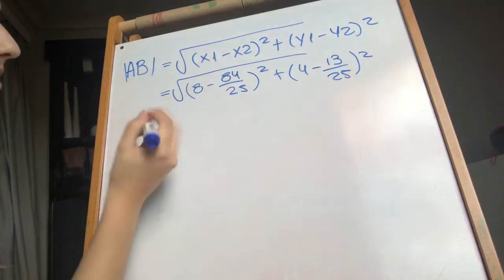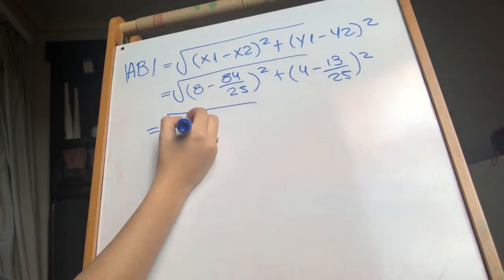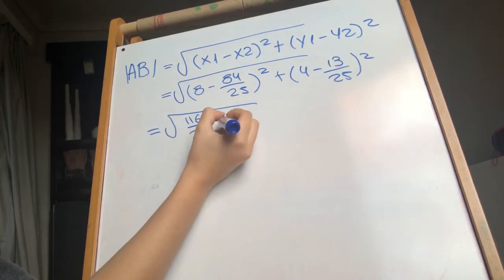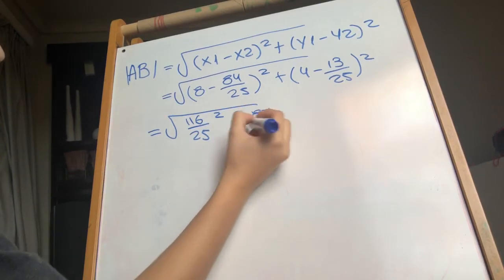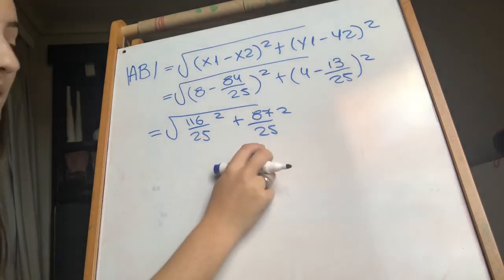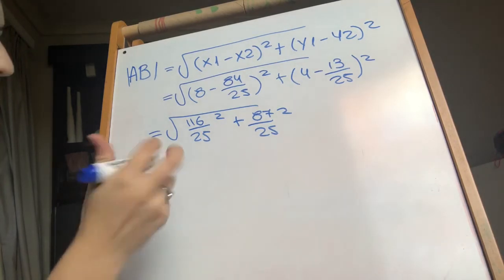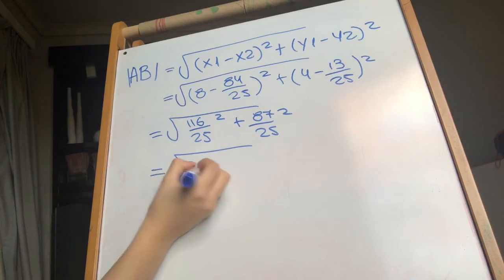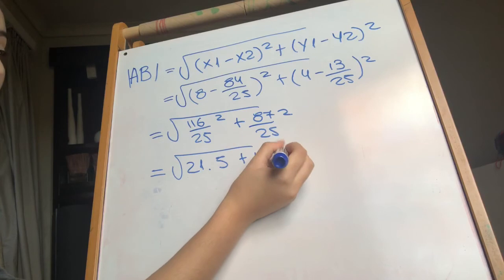And these both calculations give us the root of 116 over 25 squared plus 87 over 25 squared. And as we can see, these both fractions have in the bottom the same number, 25. So this gives us 21.5 plus 12.1.